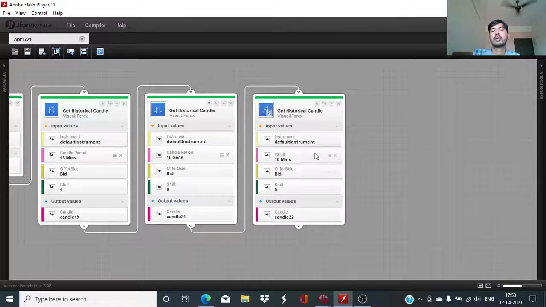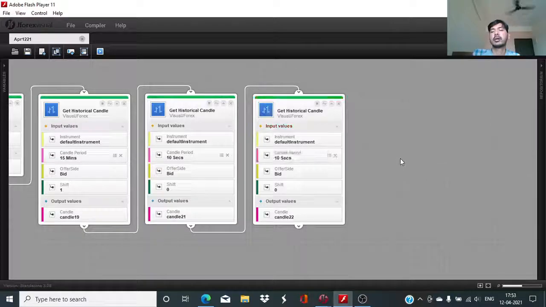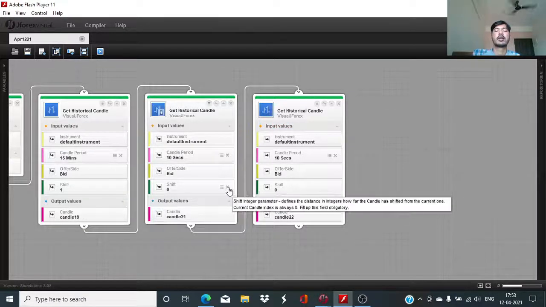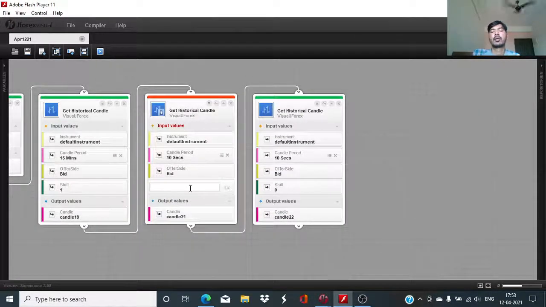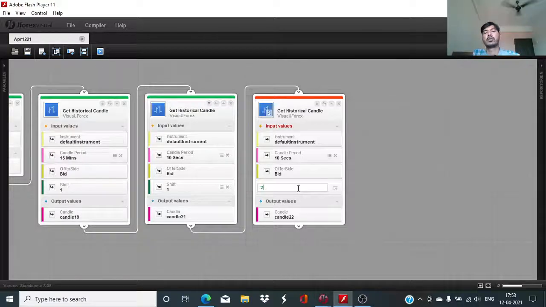Here this will be changed to 10 seconds, and the look back period will be 1 and 2 respectively.